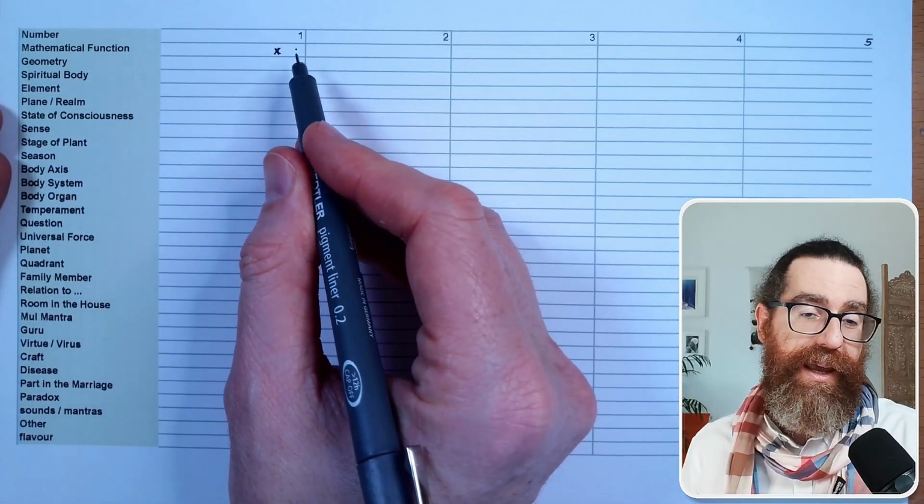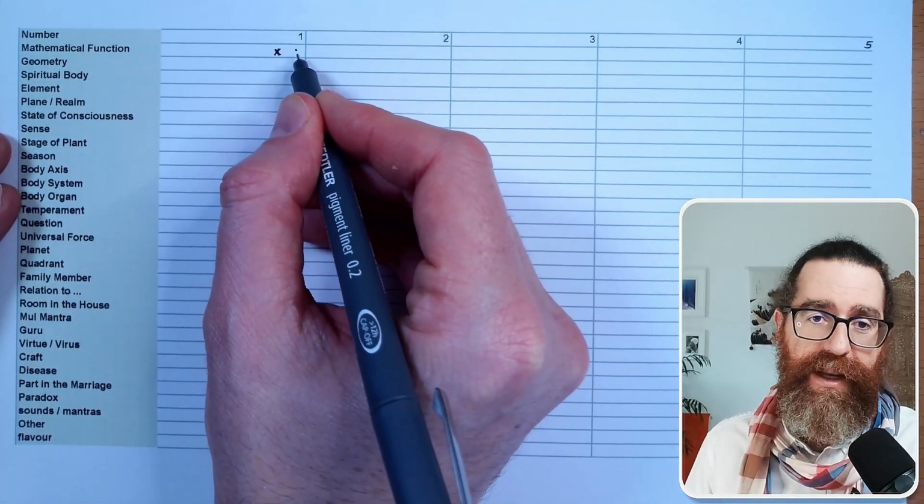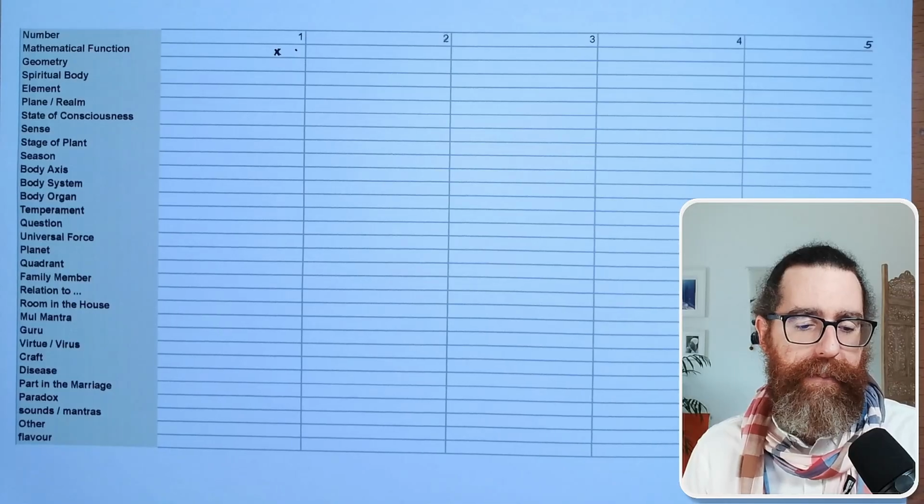The spot will be number 1, and the X is drawn like this to find the one spot. Now, the mathematical function for 1 is multiply. It's not to add. If you want to add, that's going to be more about the positive mind. The 1 point is this impulse to multiply.